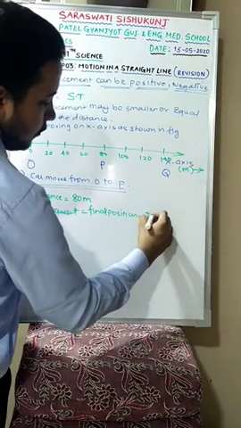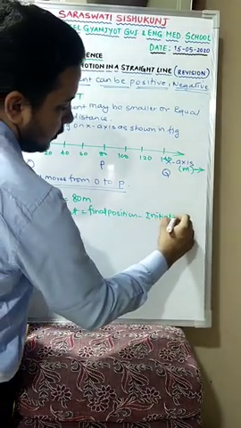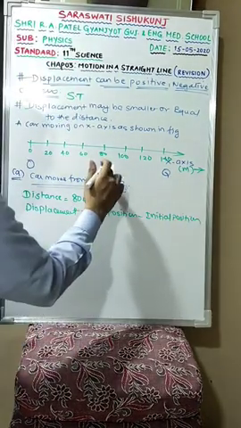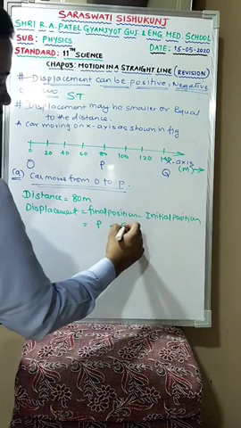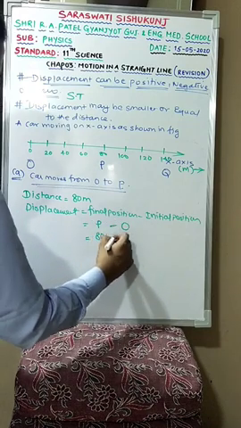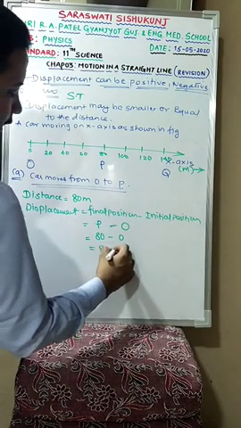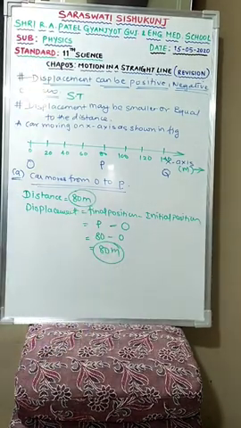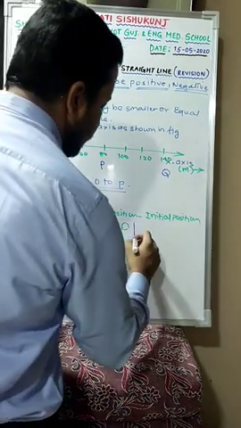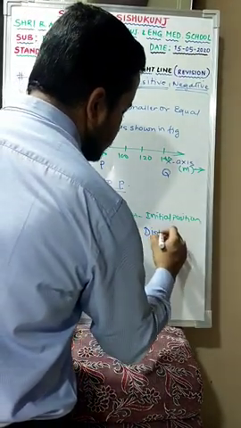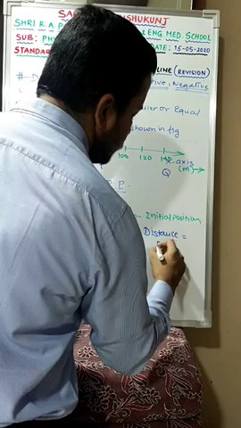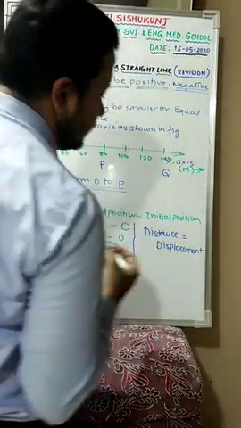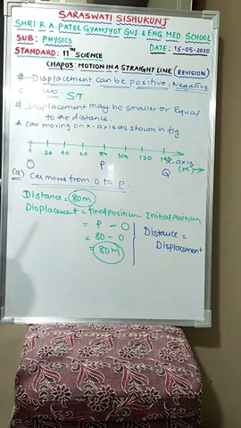The final position is P, 80, and the initial position is O, 0. So 80 minus 0, the answer is 80 meters. You will notice that the distance and displacement are equal. Is this clear?